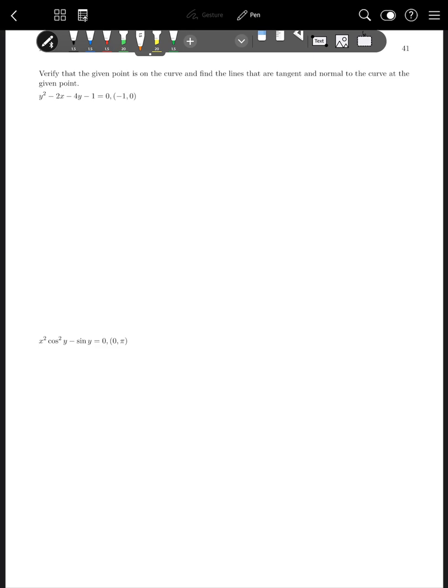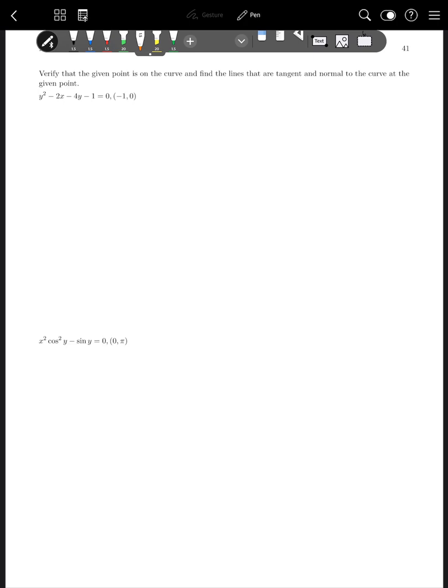So as with all other derivatives, what they tell us is the slope of a line tangent to the curve at that point. That's one of the definitions of the derivative. So even with things that aren't functions where we're using implicit differentiation, we can still do this. And so that's what we want to look at here.